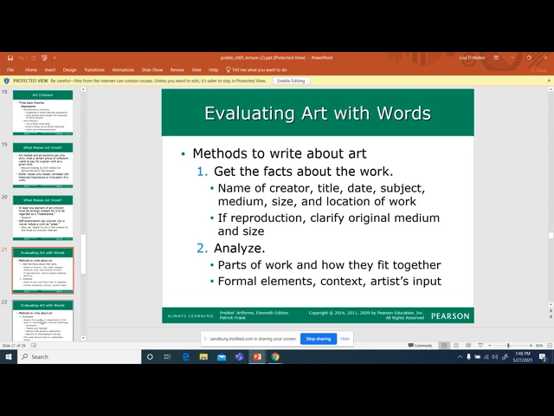If it's a reproduction, we need to know it's a reproduction and how good it is. Then you take it apart and analyze how it fits together. That's how you write about art, should you be forced to write about art.